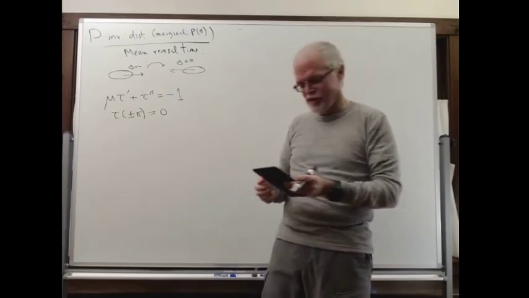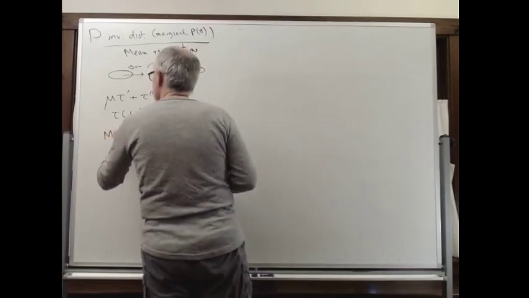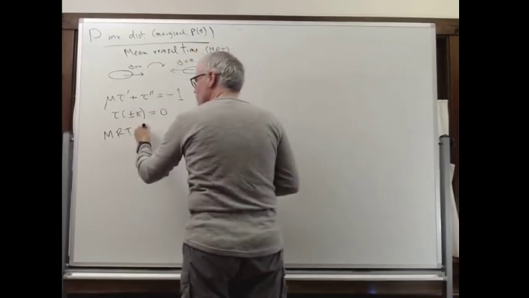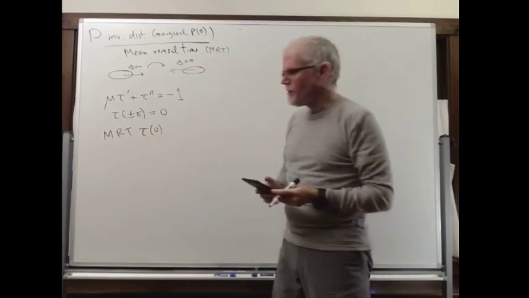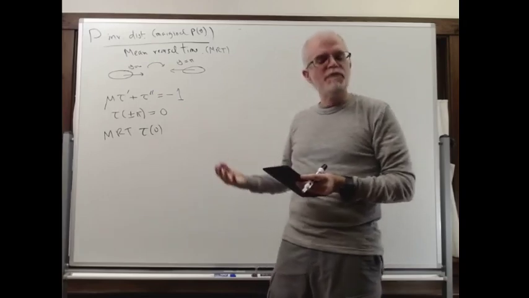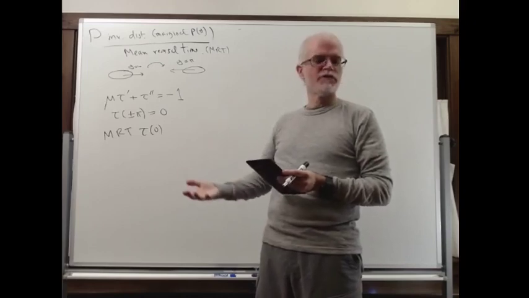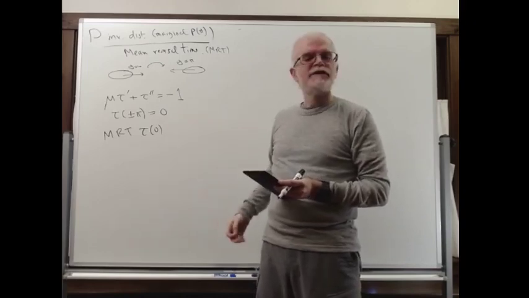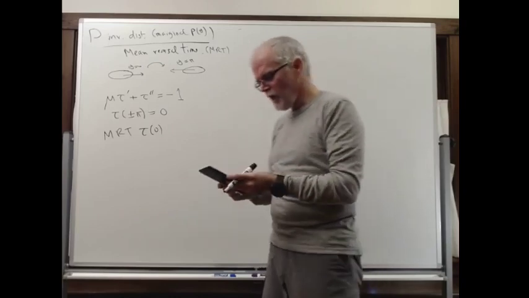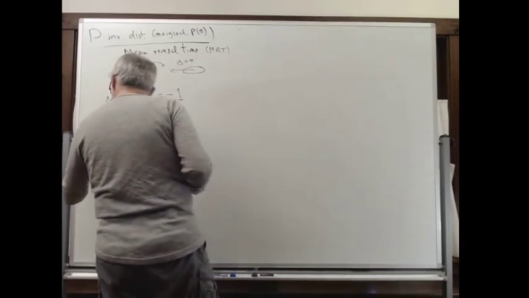We want to know the first passage time from theta equals 0, and then the mean reversal time is the solution of this evaluated at 0. In other words, the solution to this problem is tau of theta, which tells you the expected time to reach theta equals plus or minus pi, starting from initial condition theta. But if you evaluate at theta equals 0, that's exactly the reversal time, starting from 0 when you hit pi. And this has been considered before in a related problem by Holzmann and Schuss.